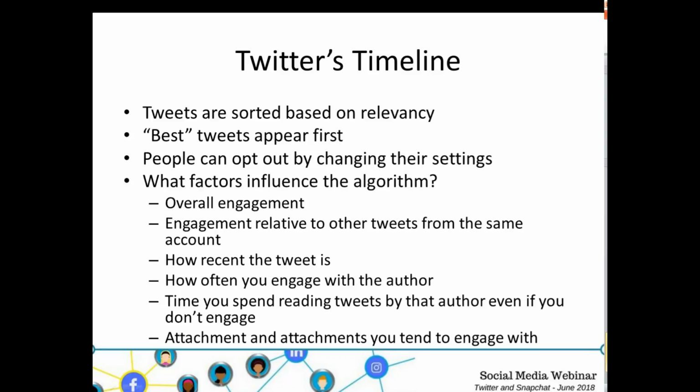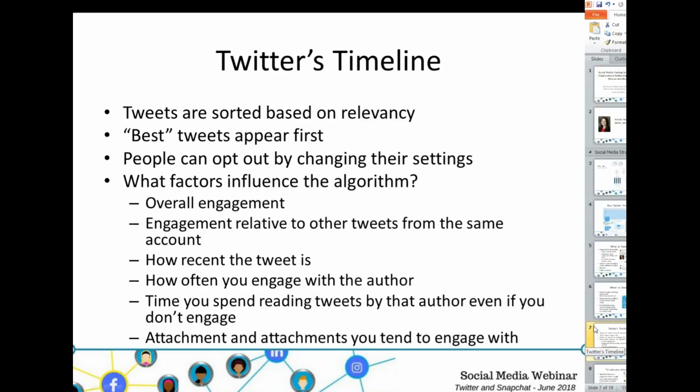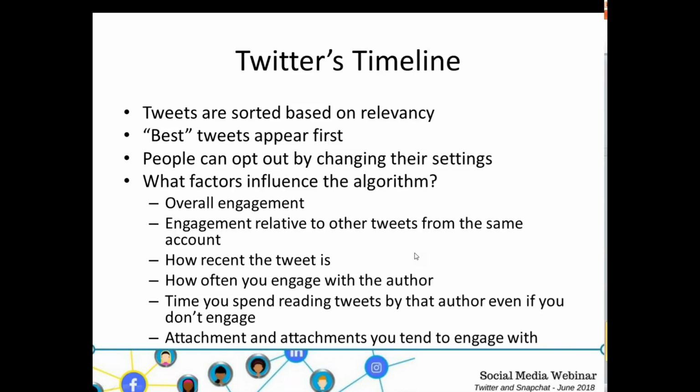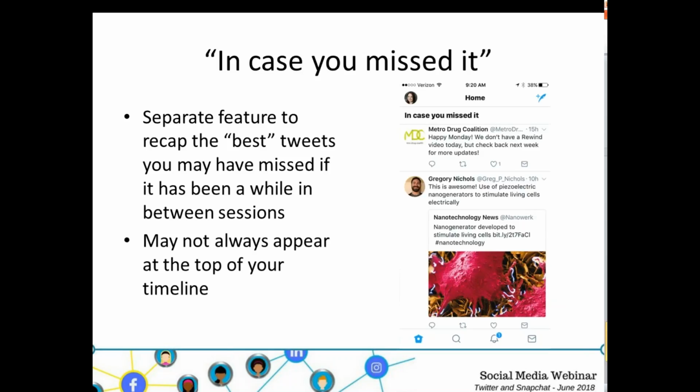There's also something called In Case You Missed It, something they introduced probably a year and a half ago. This is a separate feature to recap some of those best tweets that you may have missed if it's been a while since you last logged into Twitter.